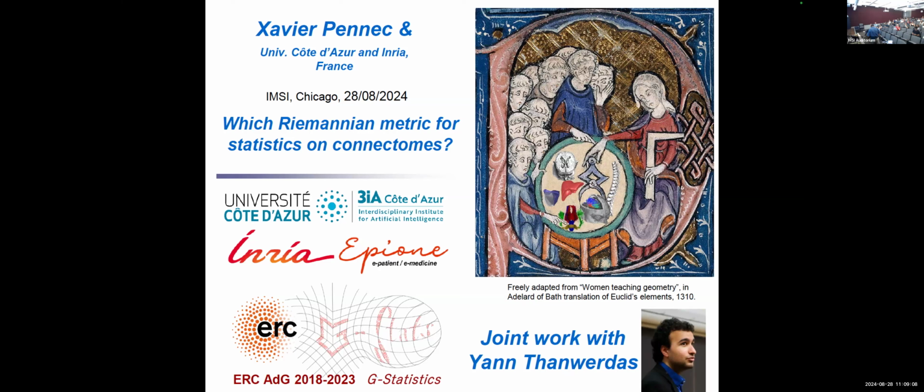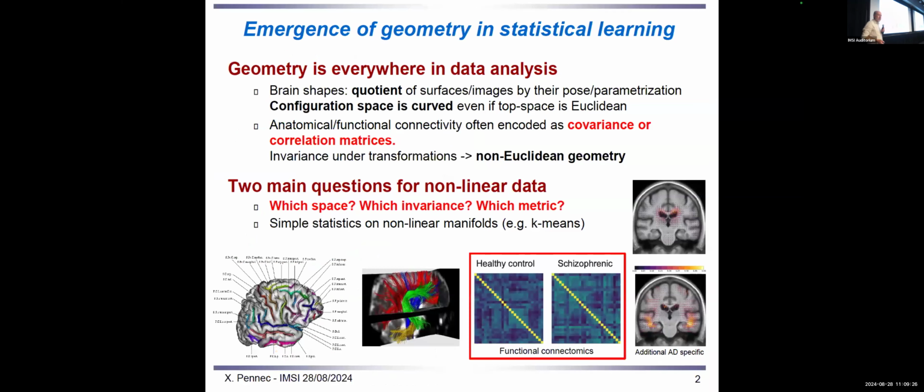Yeah. Thanks. So it's very nice to be here, and it's very difficult to talk after the previous talk because I'm going to talk about mathematics. And I first want to state that this is joint work with my PhD student, Yann Thanwerdas, so most of the recent results are due to him.